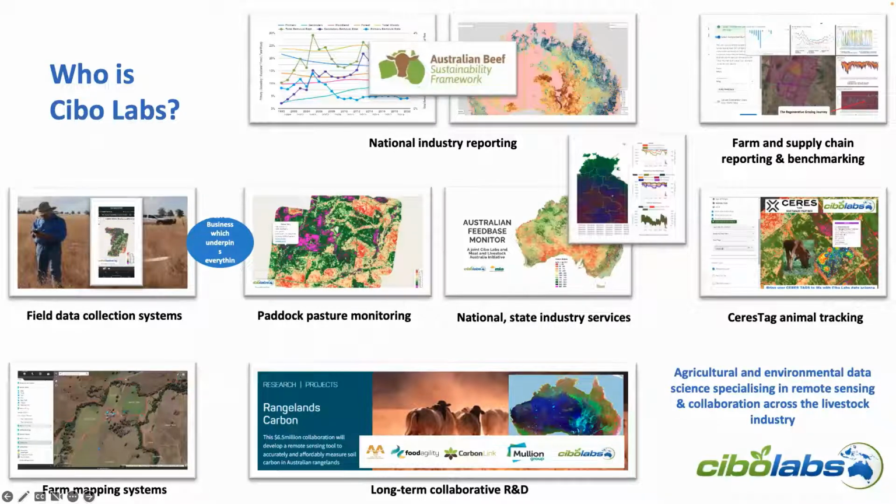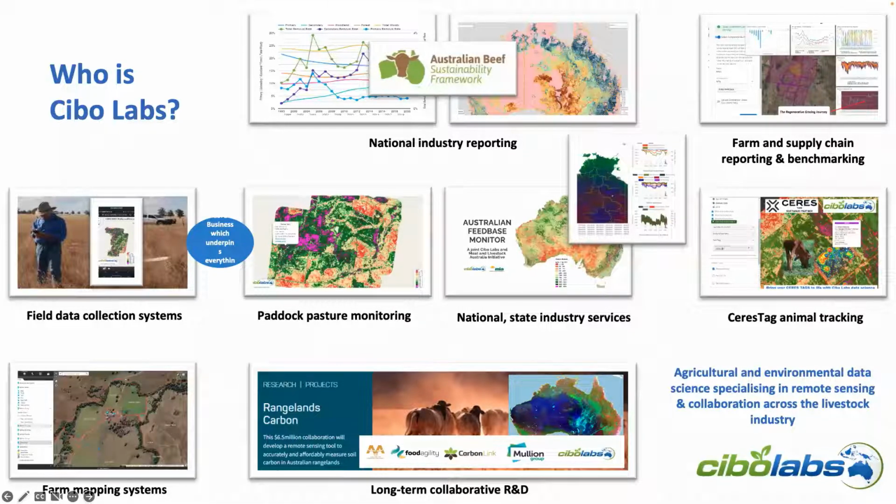As well as leading and developing this project with MLA on the Australian Feedbase Monitor, Cibo is really well known for their pasture monitoring and paddock monitoring through services such as Pasture Key. We've also been very closely involved in national industry reporting.